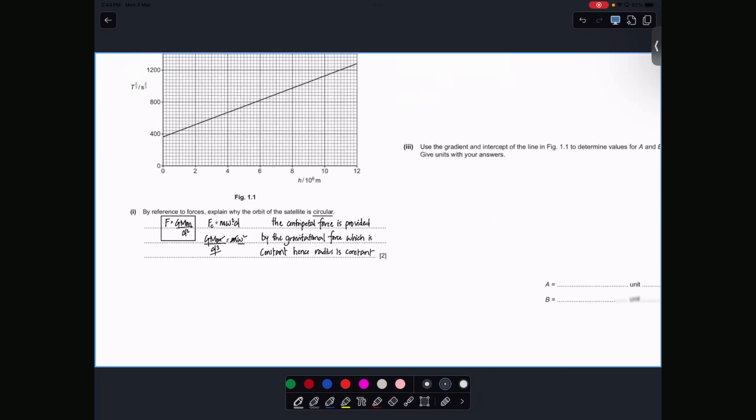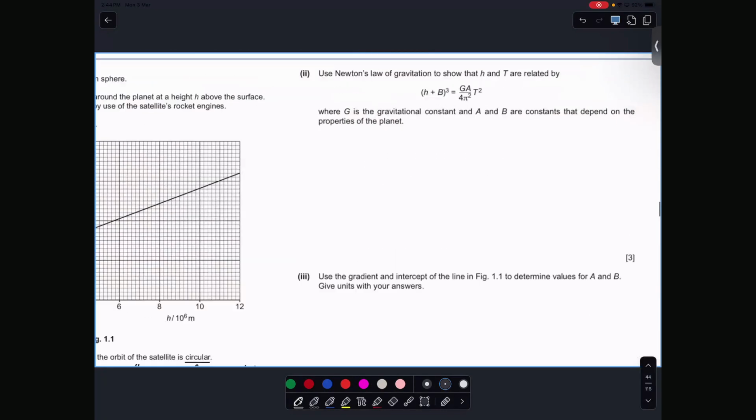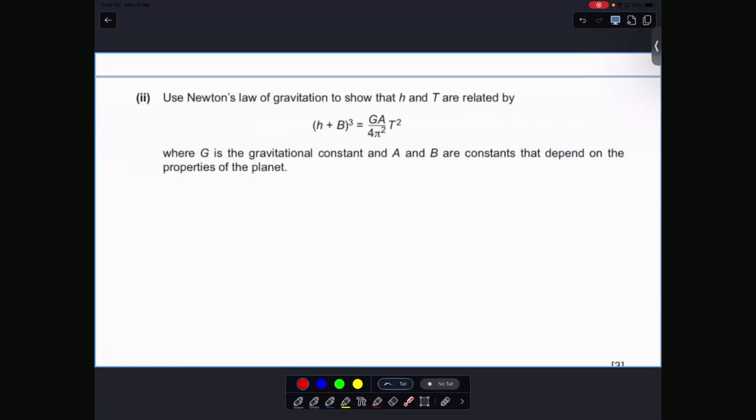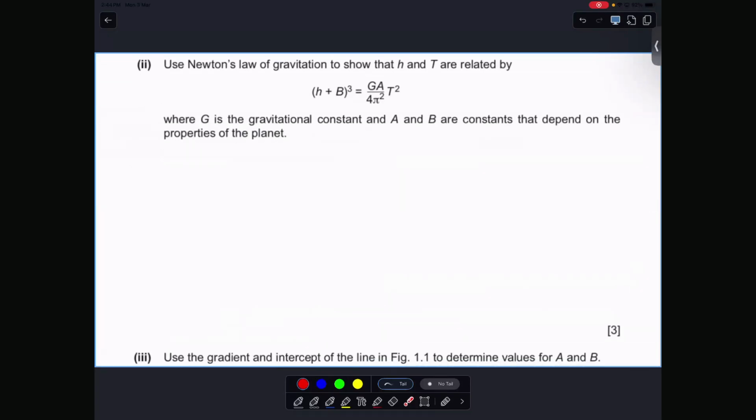Okay. আচ্ছা, next বলছে, সেখানে দেখি it's little different দেখতে তো, so I thought maybe আমরা করি 8 marks. Use Newton's law of gravitation to show that H and T are related by this setup here, where G is a gravitational constant and A and B are constants that depend on the properties of the planet. So এটা I think easy আছে, show করতে বলছি। কেমনে show করবা?